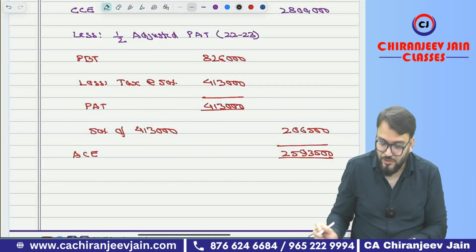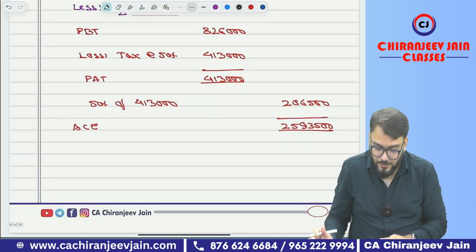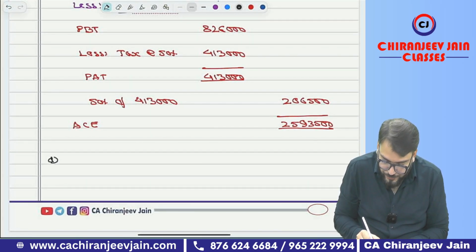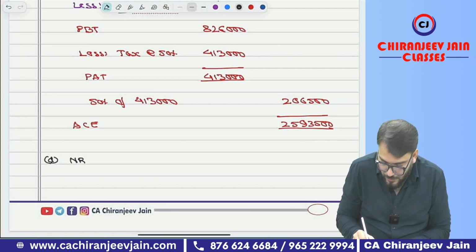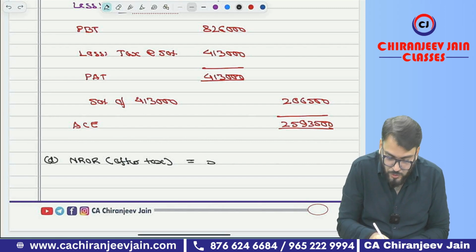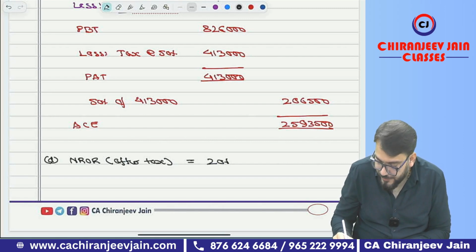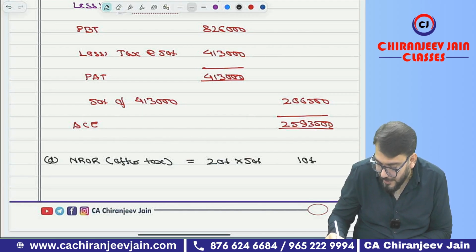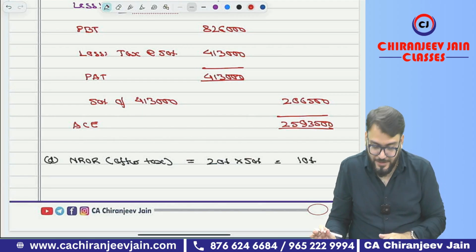Got this point? This you have understood. Now, NROR we have understood. NROR will be after tax. After tax, it will be 20% given. Before tax, we will take 50%. That will be 10%. Correct.